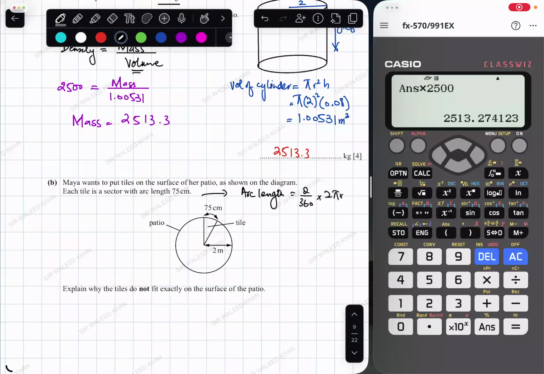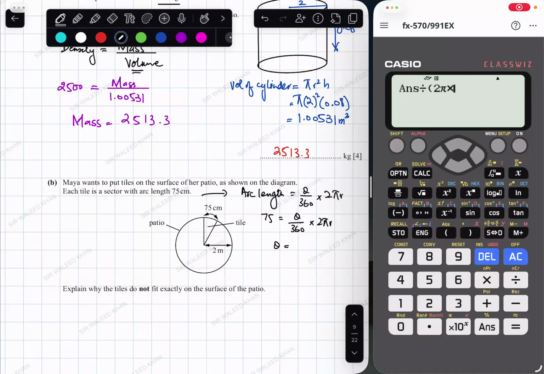So 75 equals theta over 360 into 2 pi r. So we have theta is equal to 75 times 360 divided by 2 times pi times r.